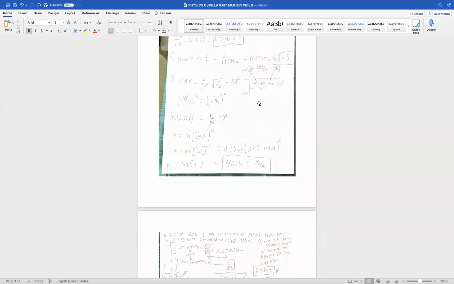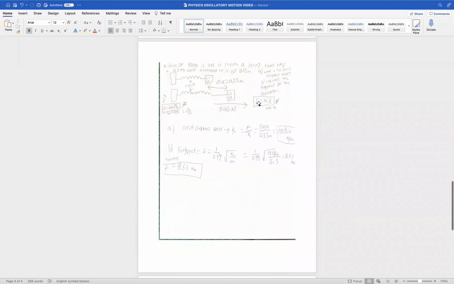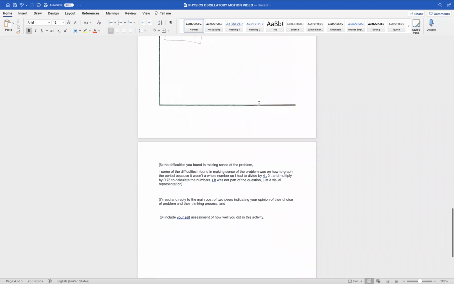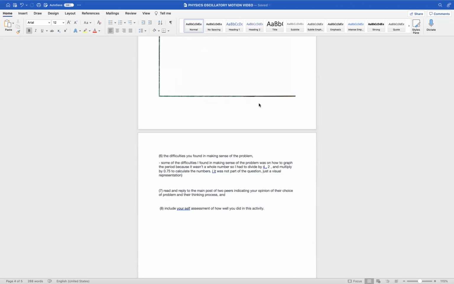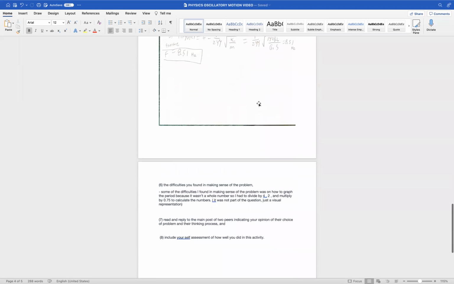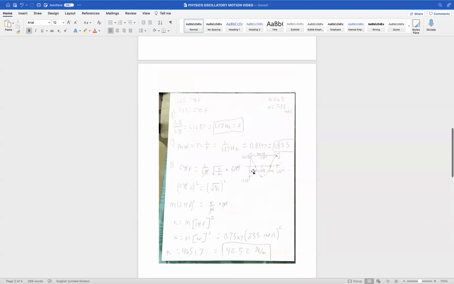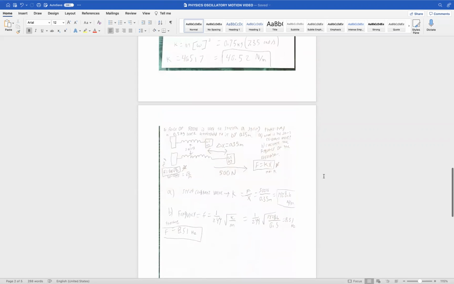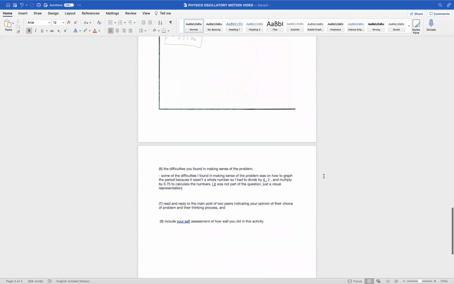It's not part of a question, but it's good to know where everything is going in the graph, because it's harmonic motion and it's repetitive, so it just keeps on going and going until it stops at an equilibrium.